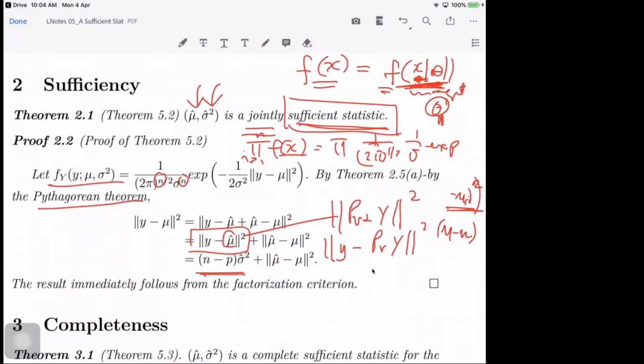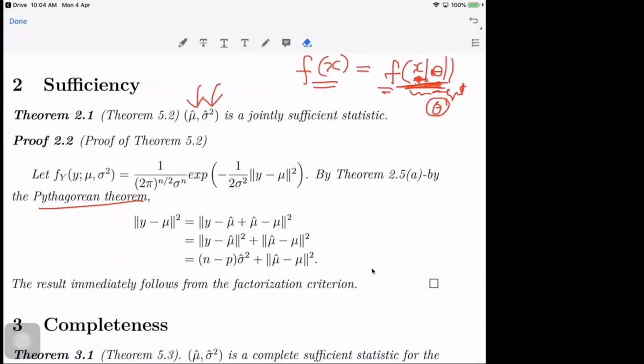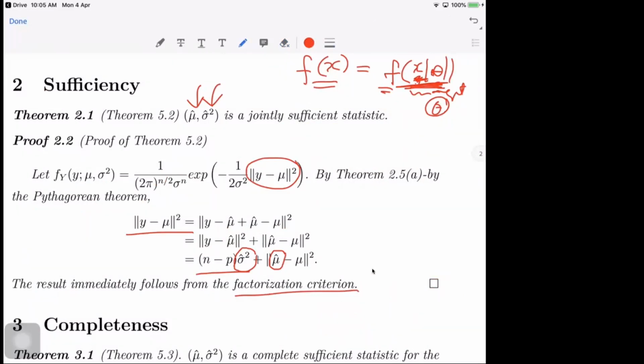So you can express now y minus mu, the probability density function, as a function of sigma hat square. So your parameters are sigma hat square and a function of mu hat. So according to the factorization criterion in chapter 1, no?